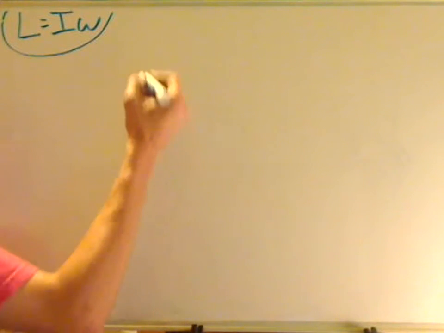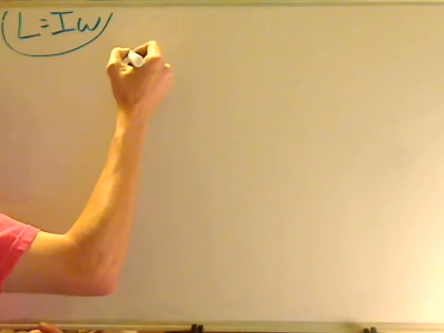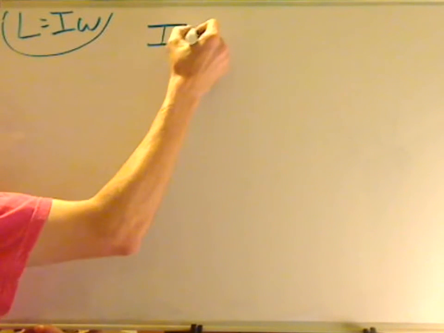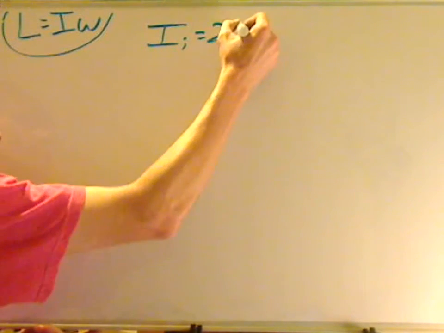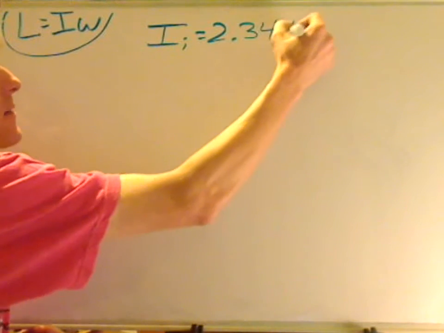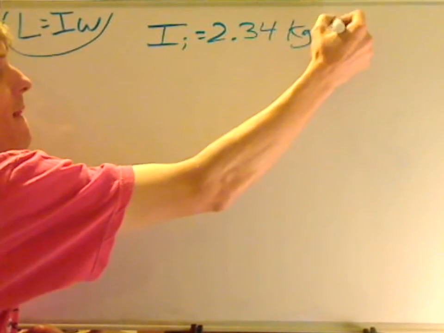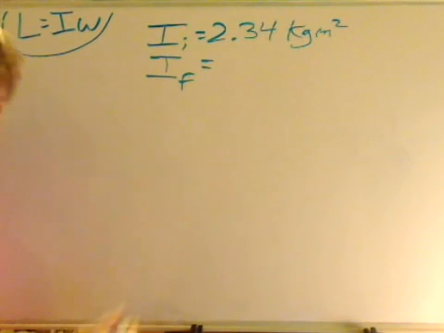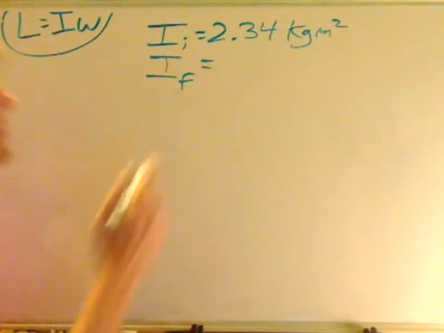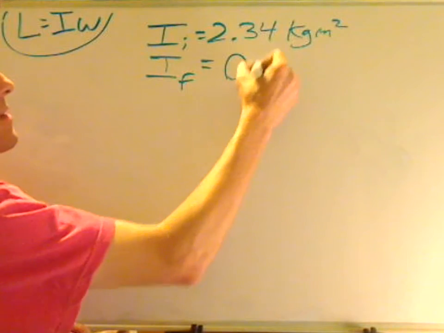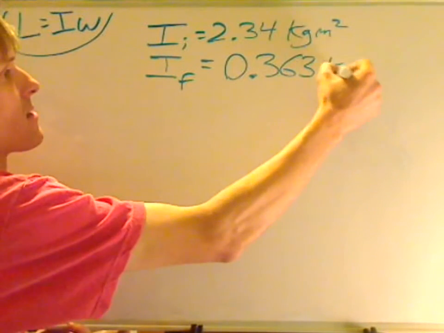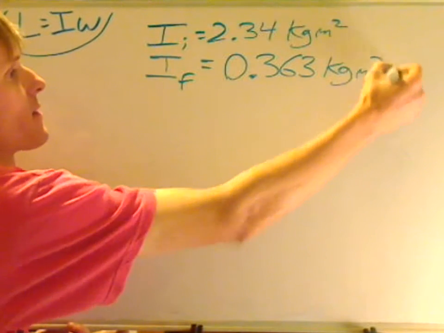And so when her arms are extended, that's going to be her initial moment of inertia. We're told that's 2.34 kilogram meters squared. And her final moment of inertia, that is when her arms are pulled in tight, is 0.363 kilogram meters squared.